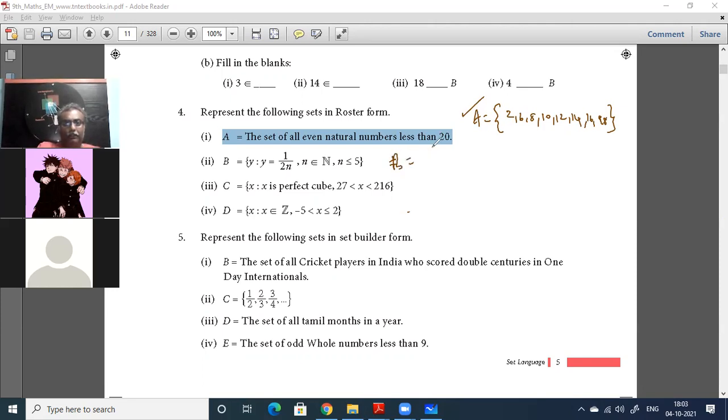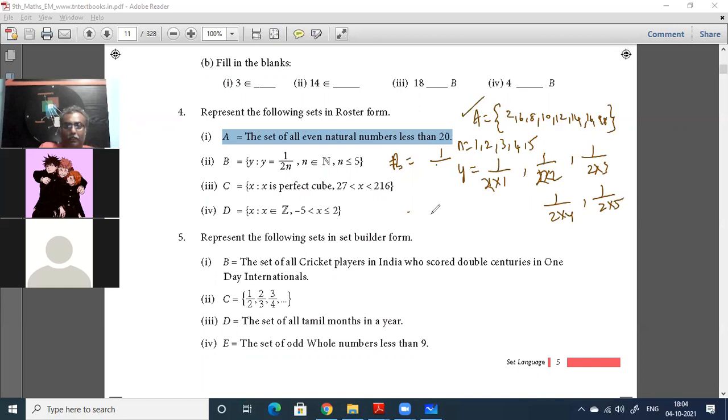y such that y is equal to 1 by 2n, where n is a natural number and n is less than or equal to 5. Okay. n is equal to 1, 2, 3, 4, 5, uncle. n is a natural number: 1, 2, 3, 4, 5. y is equal to 1 by 2 into 1, 1 by 2 into 2, 1 by 2 into 3, 1 by 2 into 4, 1 by 2 into 5.